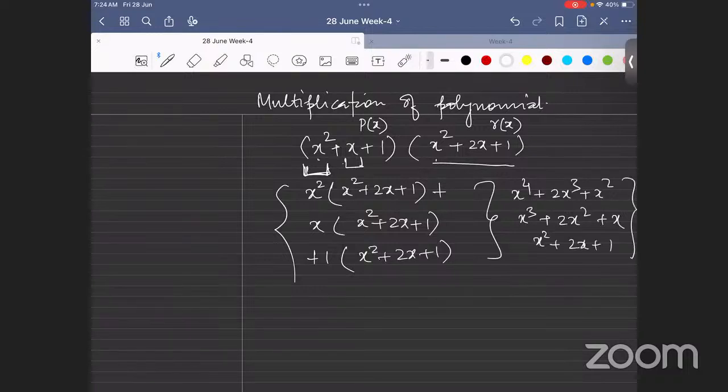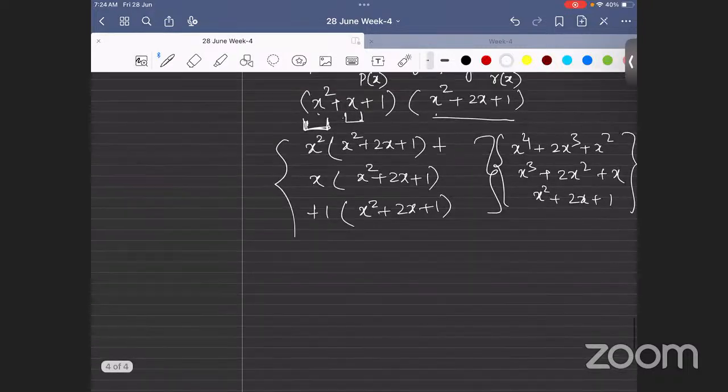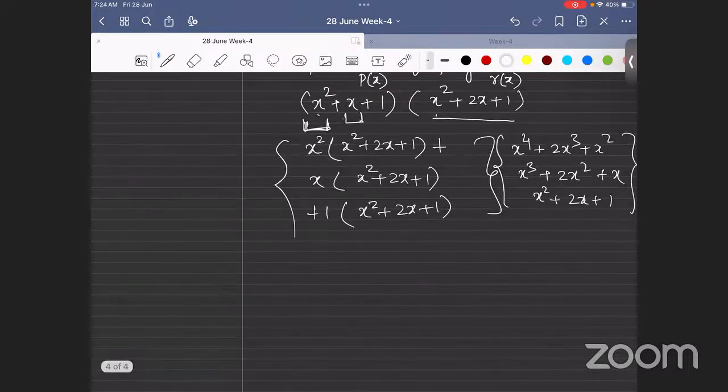And just to simplify this, you'll be doing the addition, right? And then you'll be checking the degrees of each variable. For x to the power 4, you don't have any other term with x to the power 4 as a degree, so I'll just put x to the power 4 here. And for this x cube, you can see that here also x cube, so you can add the coefficients directly.